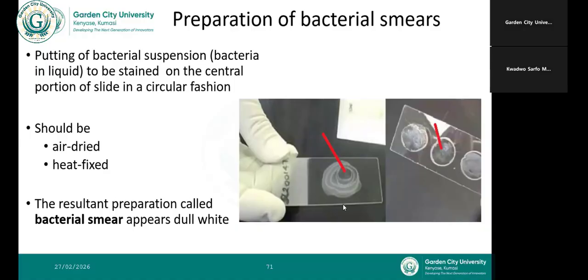So light should be able to pass through the slide and then get into the objective lens. So from the light source, it goes through the condenser lens, the objective lens, it goes to the ocular lens before you can see the virtual image. But if this is too opaque, light cannot pass through, and this is going to give you a negative outcome.